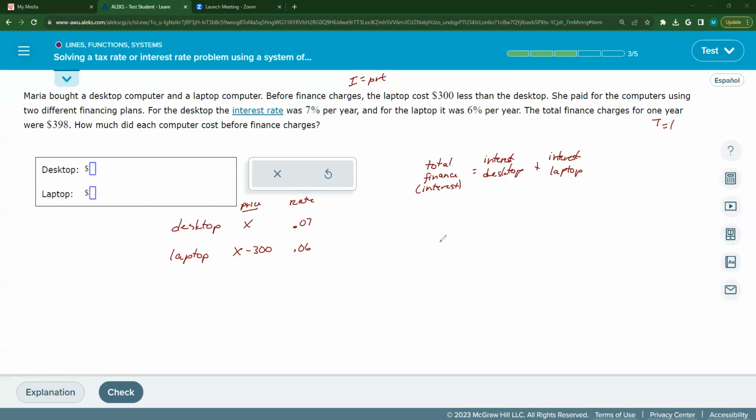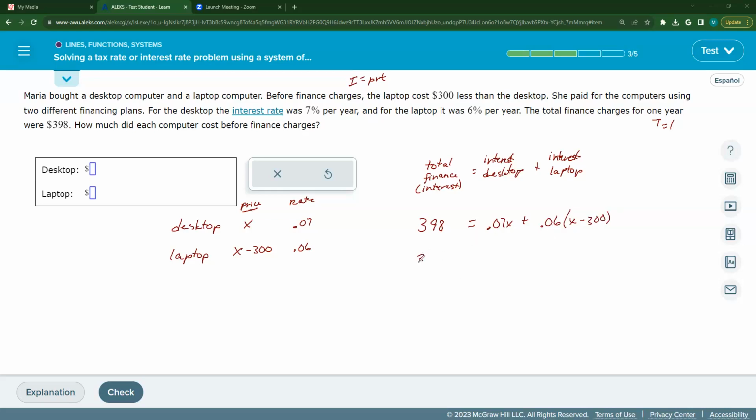Okay, so the total amount is 398. So 398 equals the interest of the desktop is the rate times the price, 0.07x, plus the interest of the laptop is 0.06 times the price, x minus 300.